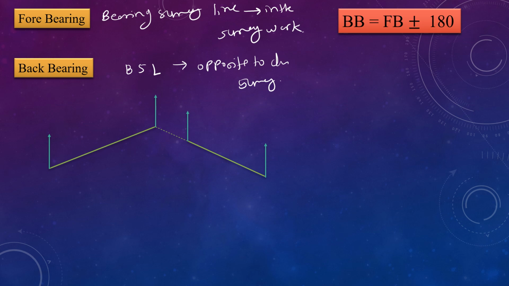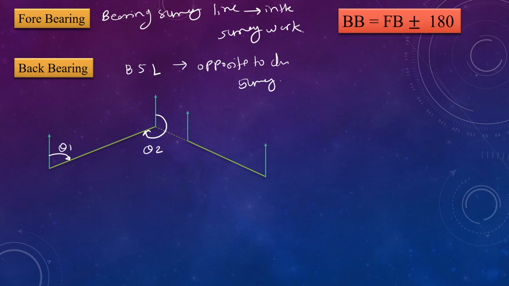Here this is one survey line, and the fore bearing is the bearing measured in the direction of the survey line. So this is the theta 1 value, and the bearing measured in the opposite direction is the back bearing. So this is theta 2 here.